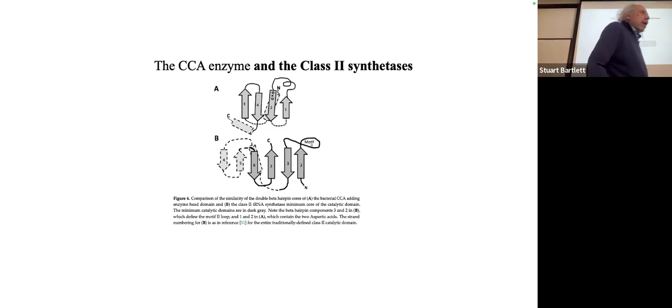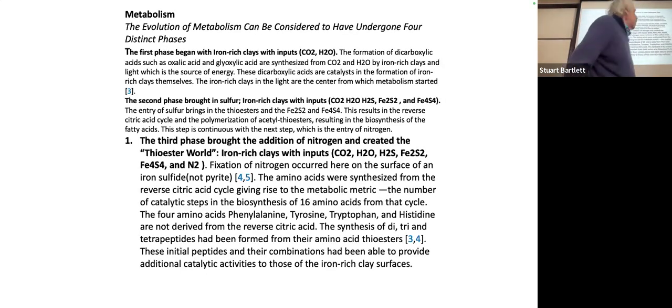They don't come from the protein synthesizing machinery that now exists. They are coming from the thioester world. And that's the story which I discussed in the first lecture, that the third phase about the addition of nitrogen created the thioester world, iron-rich clays with inputs of those kinds.